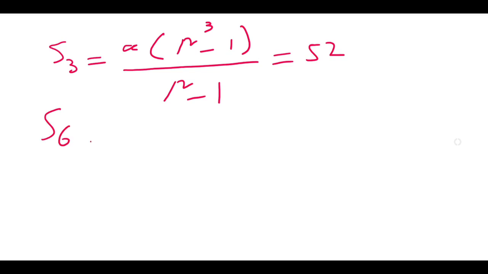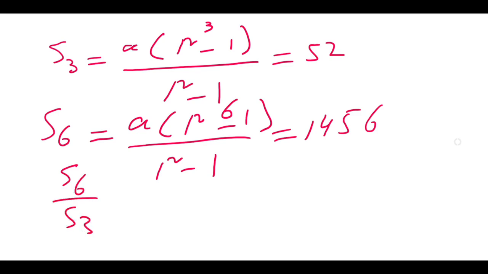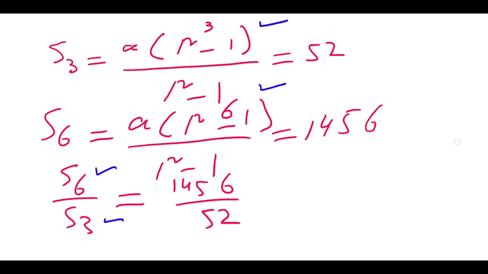And S6 is equal to a(r^6 - 1) over (r - 1), equal to 1456. To find the common ratio r, divide the equation for S6 by the equation for S3. S6 divided by S3 is equal to 1456 divided by 52. We substitute these formulas in place of S6 and S3, and then we further solve.